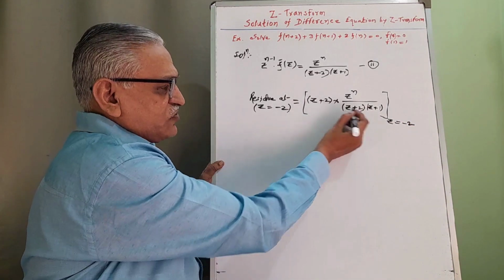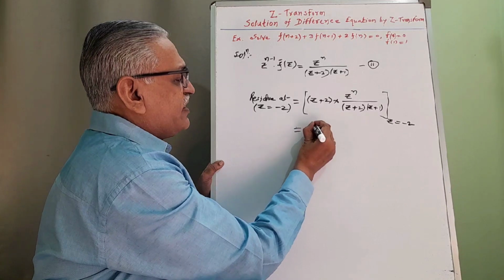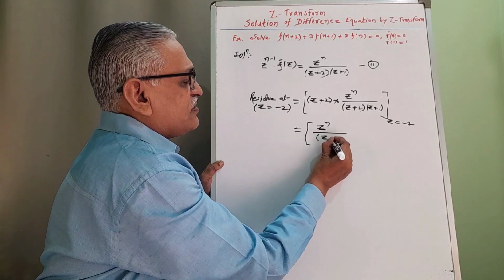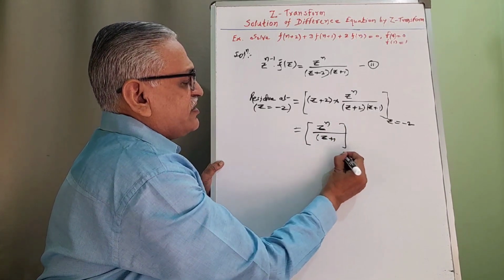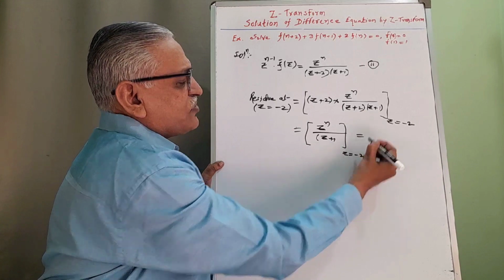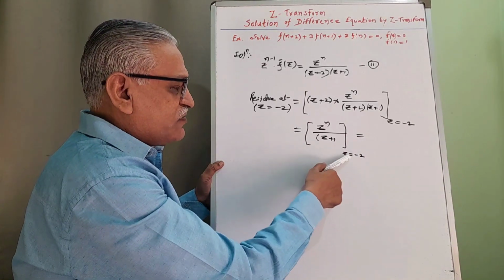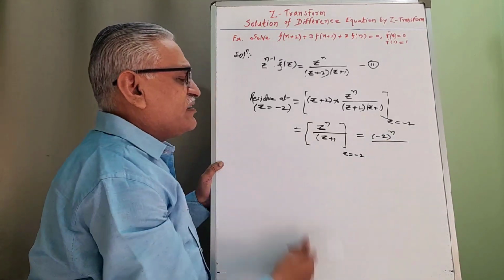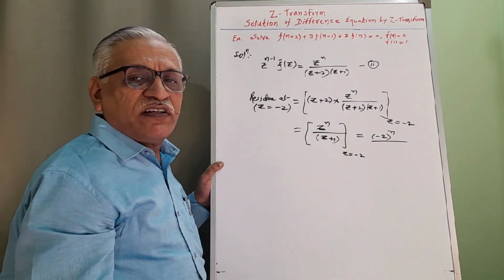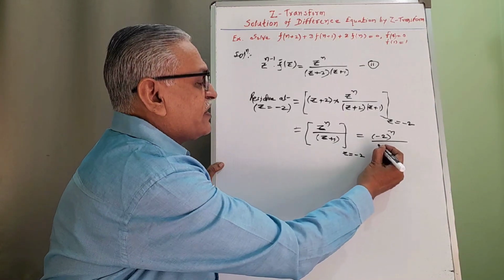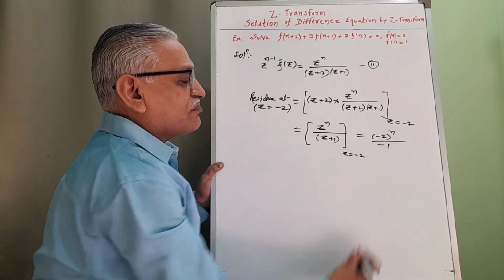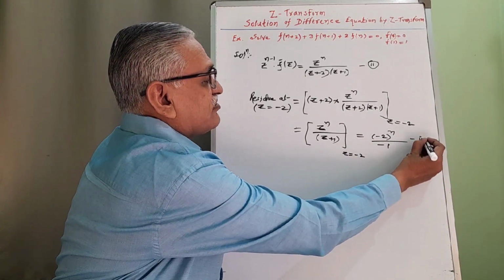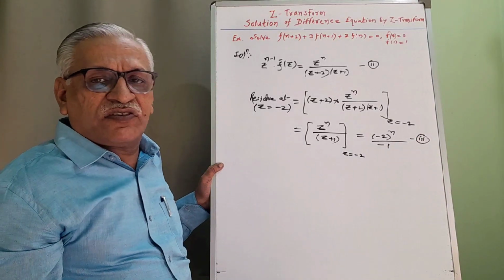So that this z plus 2 gets cancelled and the remaining terms are z raised to n divided by z plus 1 at z is equals to minus 2. And therefore substituting the value as z is equal to minus 2, we get minus 2 raised to n divided by minus 2 plus 1. Minus 2 plus 1, we get that value as minus 1. And we call this as equation number 3. That is the first residue.